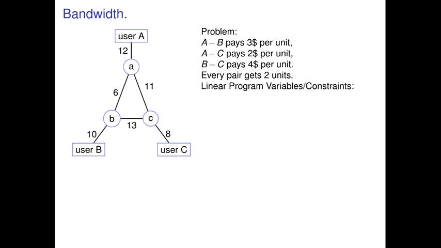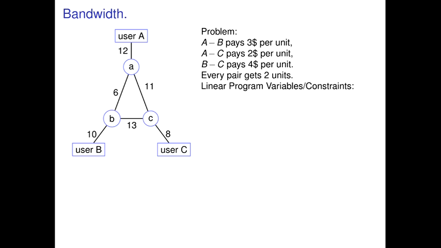What do you think the variables should be? Here you have to be a little clever. Well, one variable might be how much bandwidth do you route from A to B? But that doesn't really encode much, right? Because you could route it in a couple of ways.